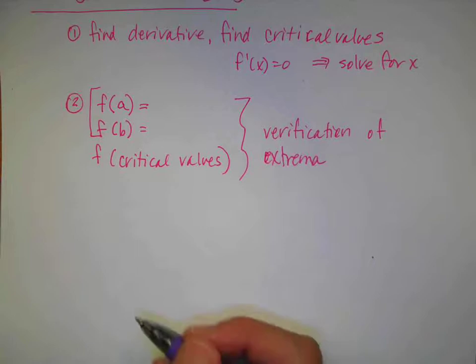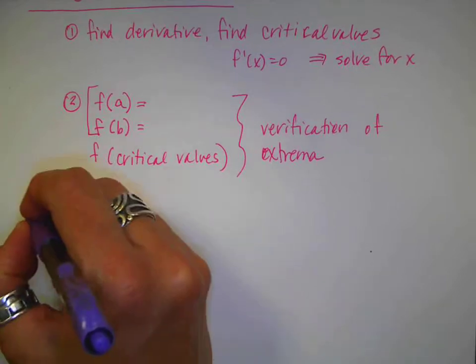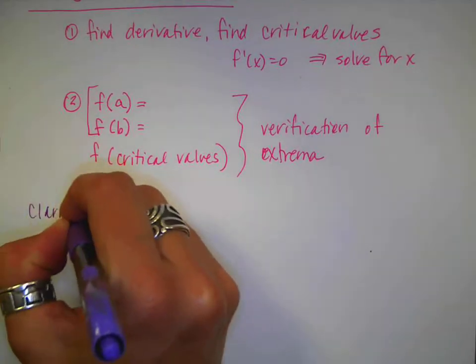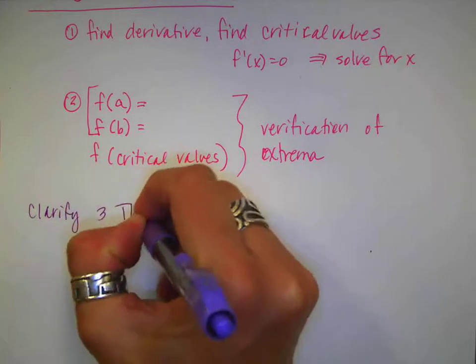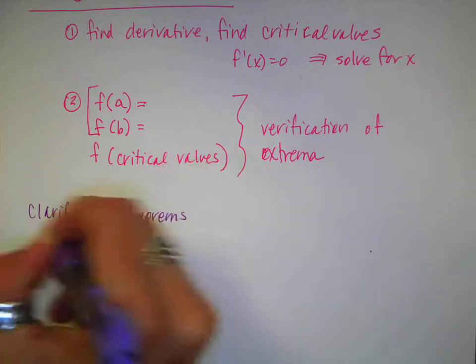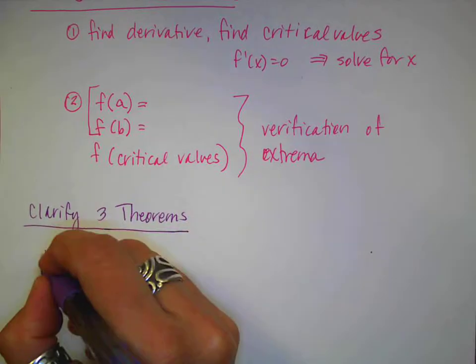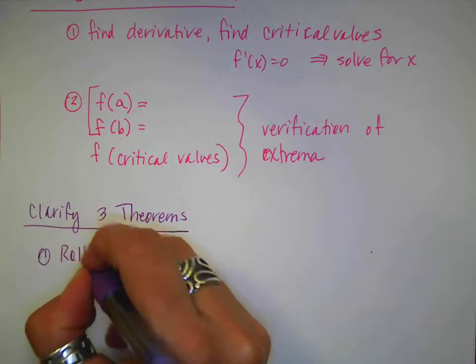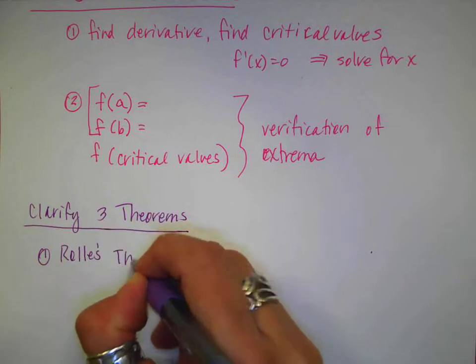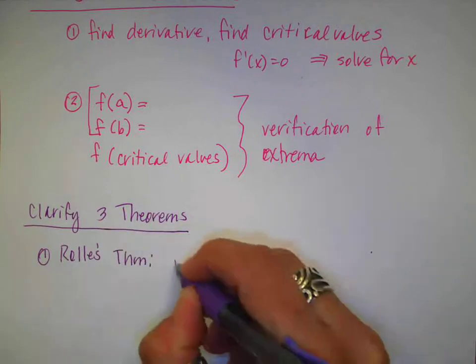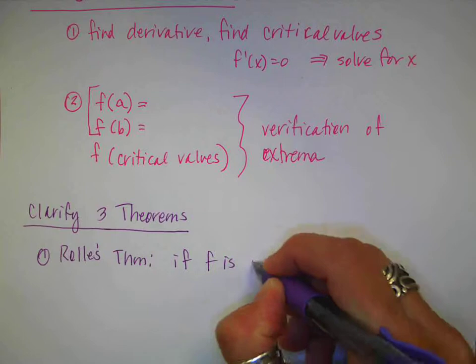All right, so the next thing I want to do is clarify and make sure we understand the difference in a couple of theorems that we've gotten. So I want to clarify 3 theorems because it's important that you understand how to use the 3 of them should it pop up in a given situation. So the first one is Rolle's theorem.